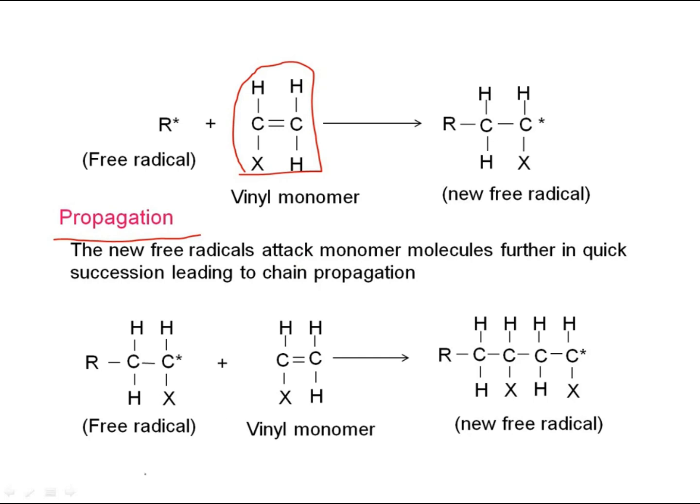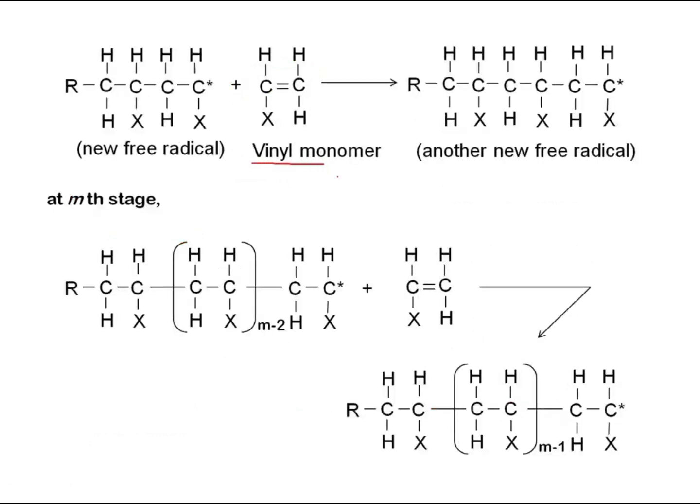One by one, turn by turn, this free radical combines with another fresh vinyl monomer, and once a new free radical is generated, again it combines with a fresh vinyl monomer and a new free radical is generated. In this way the chain elongation takes place. Suppose it is the mth stage, m times it is taking place, at the end we obtain a polymer which has m-1 monomers with a free radical.